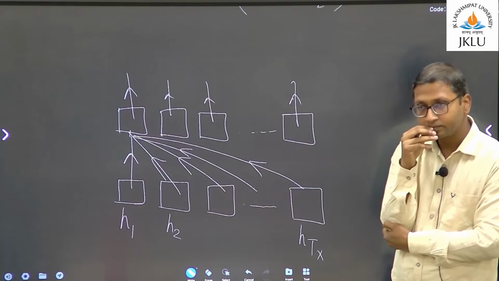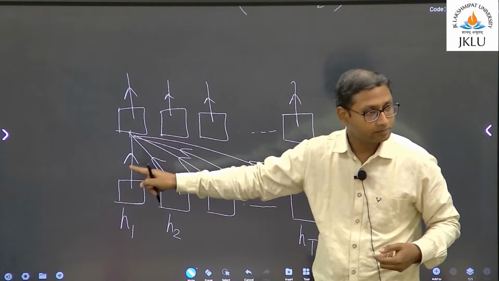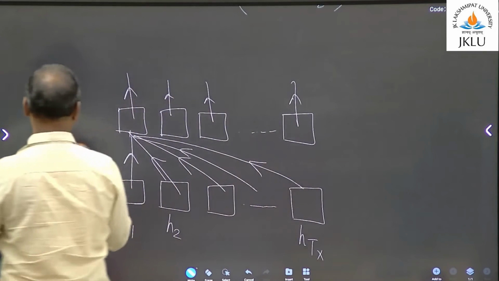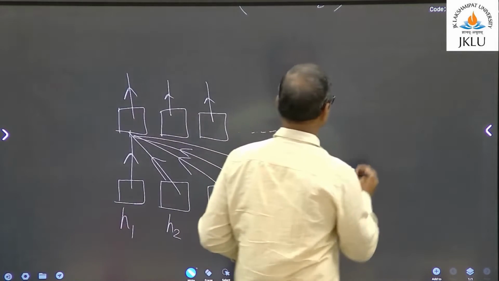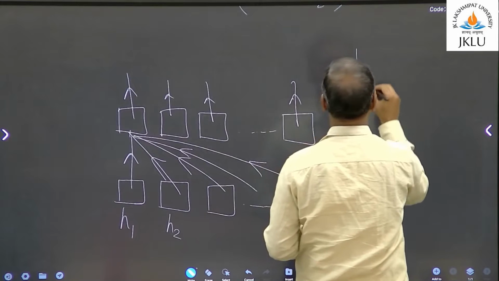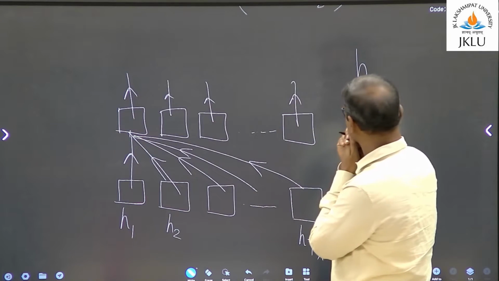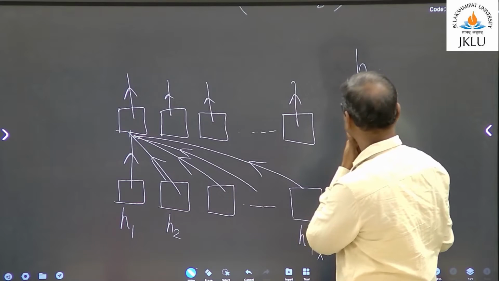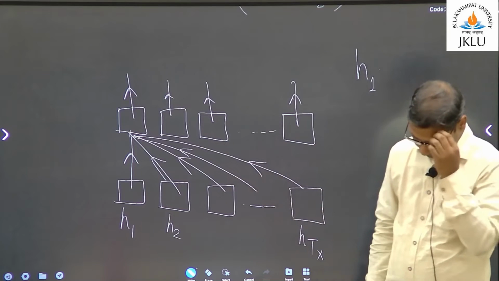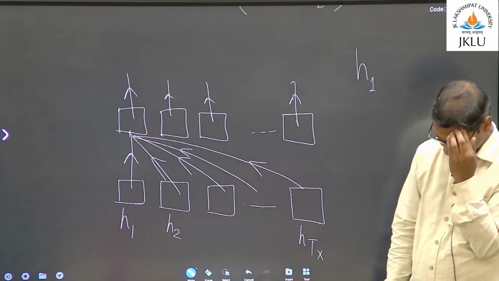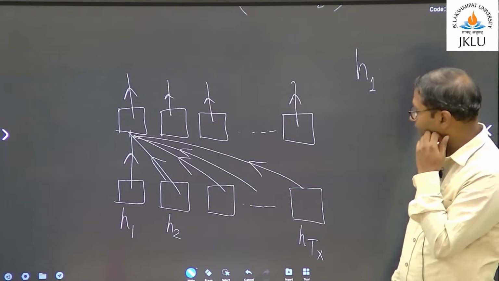Just as we did in the decoder, this is your H1. If I multiply, give me the math now. If I multiply H1, I hope I am doing it right. Instead of S1, put H1, exactly.